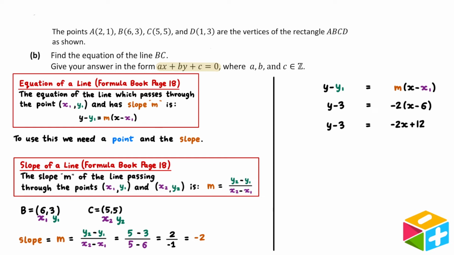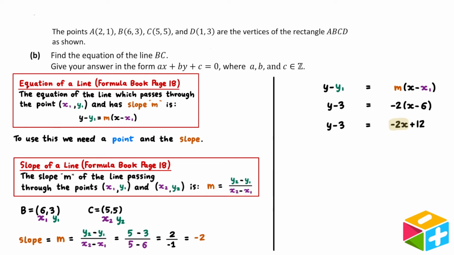We are asked to present our answer in the form ax plus by plus c is equal to 0. In other words, we'll want all our terms to be on the left-hand side of the equation and a 0 on the right. So here, I'll need to remove the minus 2x and the plus 12 from the right-hand side of the equation.